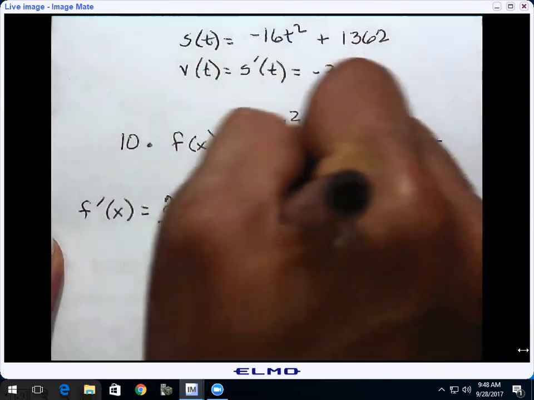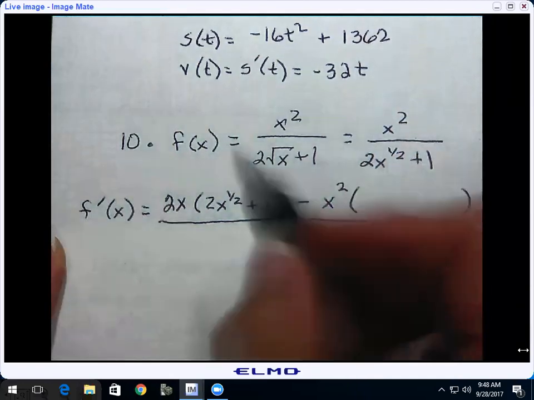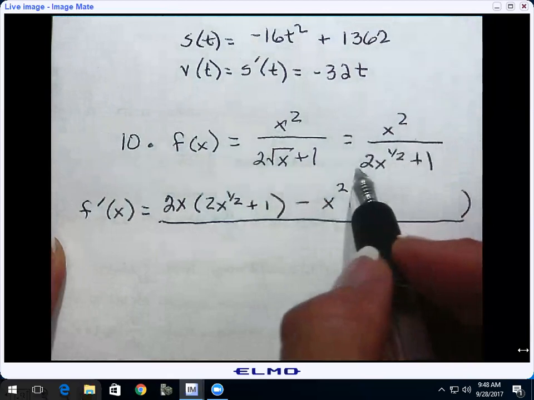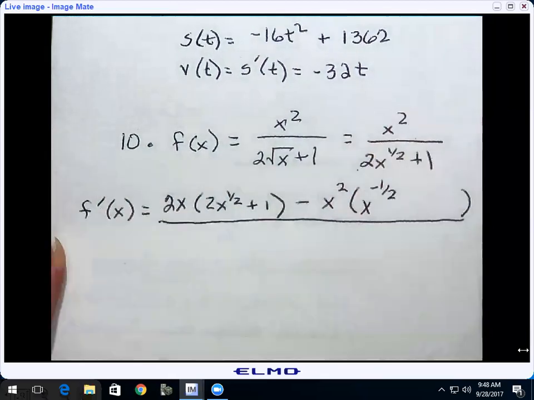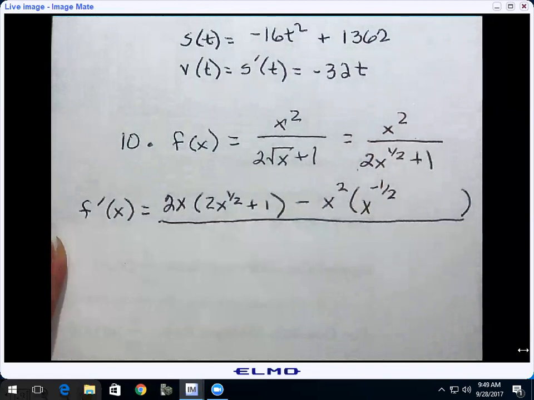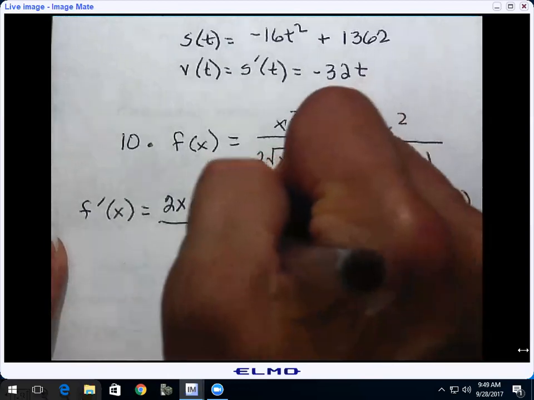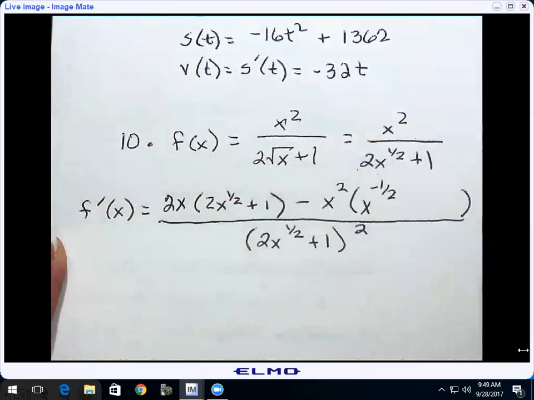What would that be? All right, I'm using just term by term here. 1/2 times 2 is 1. X to the, subtract 1 from the exponent. Actually, that's all, because the derivative of 1 is 0. So far, so good? Don't forget your denominator squared.